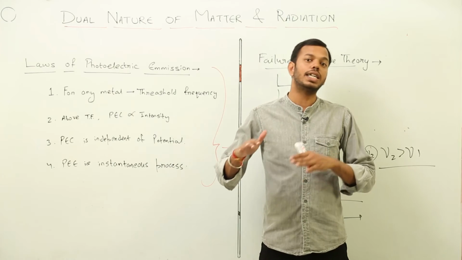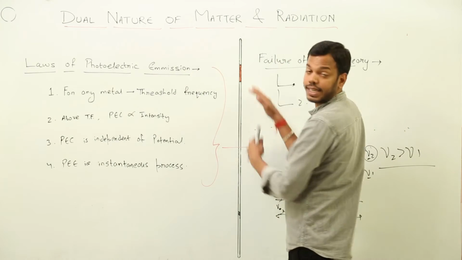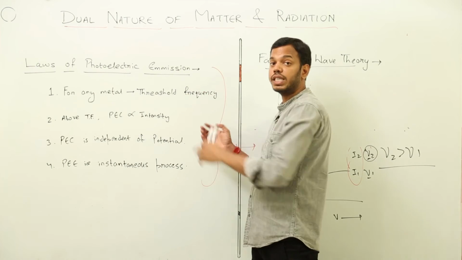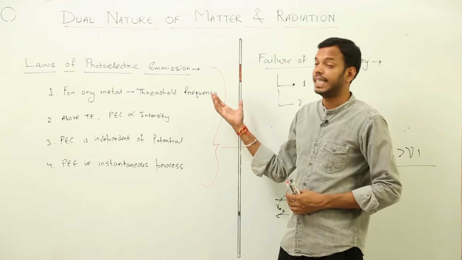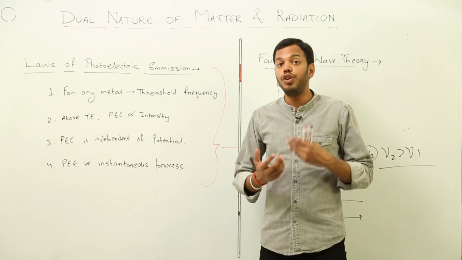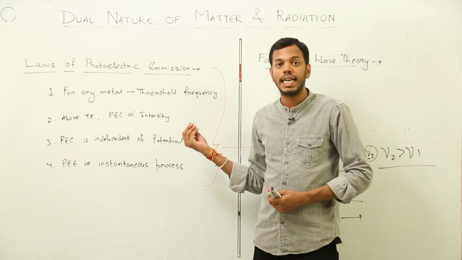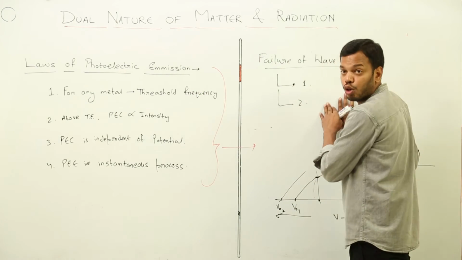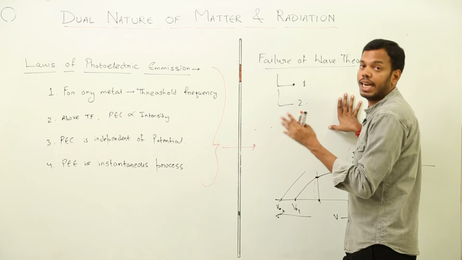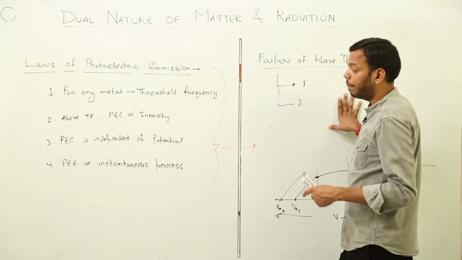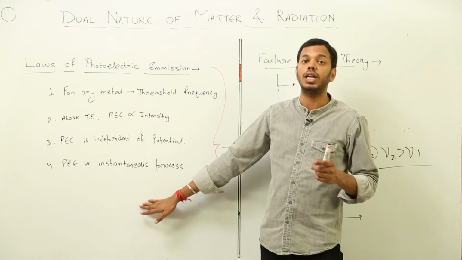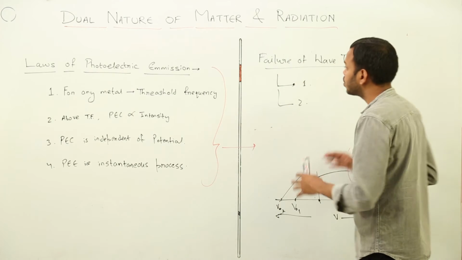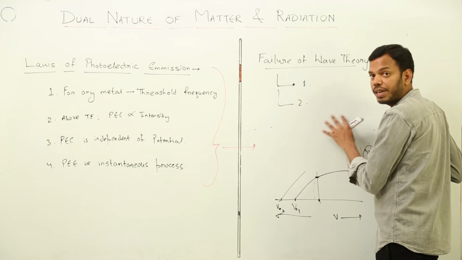So when the wavefront interacts with the metal surface, suppose this is your metal surface, these electrons which are taking the energy would require some time to absorb that energy and then start moving and then come out of the metal surface. So according to wave theory, what should have happened? That electron should have come out, but after some time. But with the experiment, we saw that photoelectric emission is an instantaneous process. So that means here the wave theory completely failed.